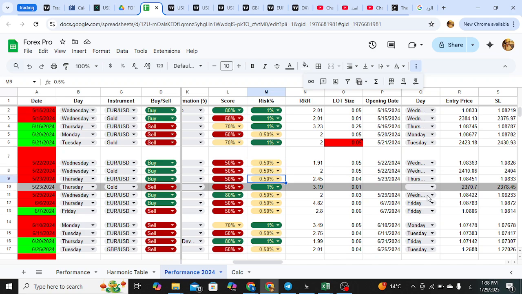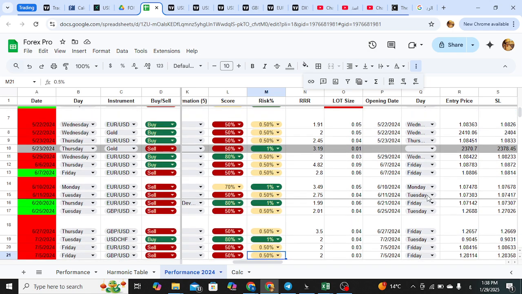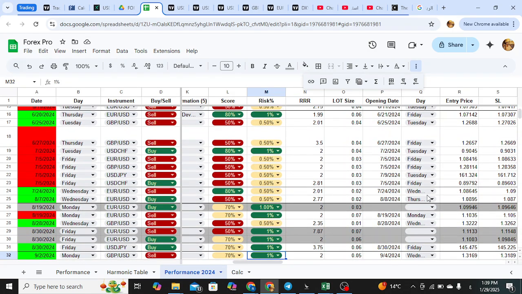So there are winning trades that would be half percent, but there are losing ones that are 1%. So this affected my balance, and this is not getting me where I want to go.